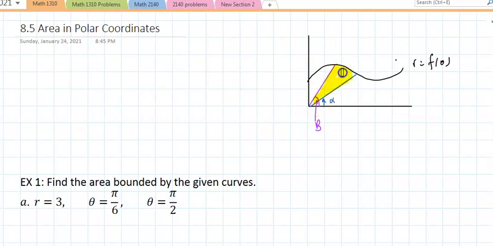Unlike rectangular coordinates, we move left and right, up and down, north, south, east, west. If we look at this, we're trying to figure out how do you find the area, but that right there is not a straight line.